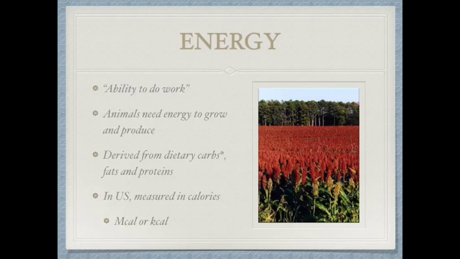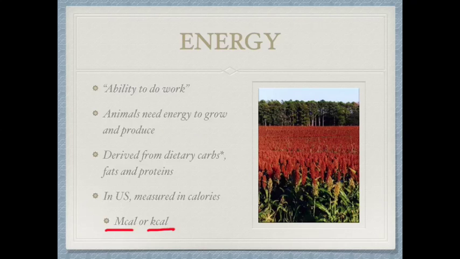And in the U.S., we measure energy in calories. When we talk about animal requirements in a few weeks, we're going to talk about either Mcals, megacalories, or kcals. 1 kcal is 1,000 calories. 1 Mcal is 1,000 kcals.